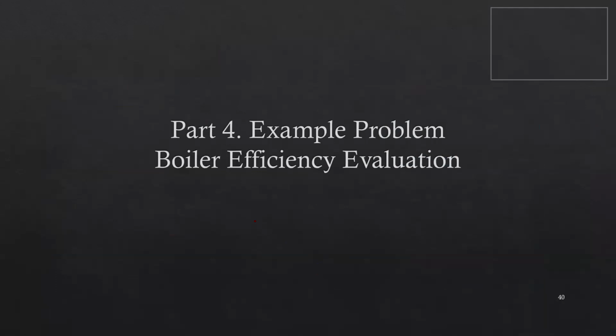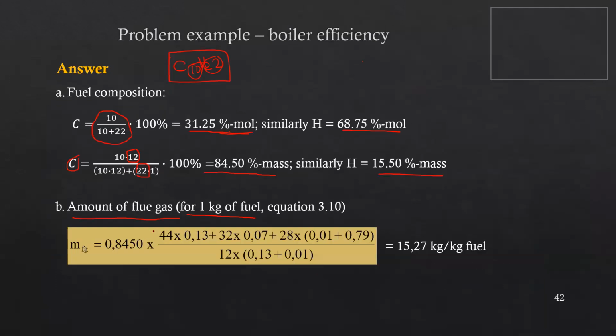Okay, so we go back to here. We can put in each parameter. Here we have the constant, so we get 0.845 from this, which is the percent mass of the carbons based on the fuel compositions calculation.